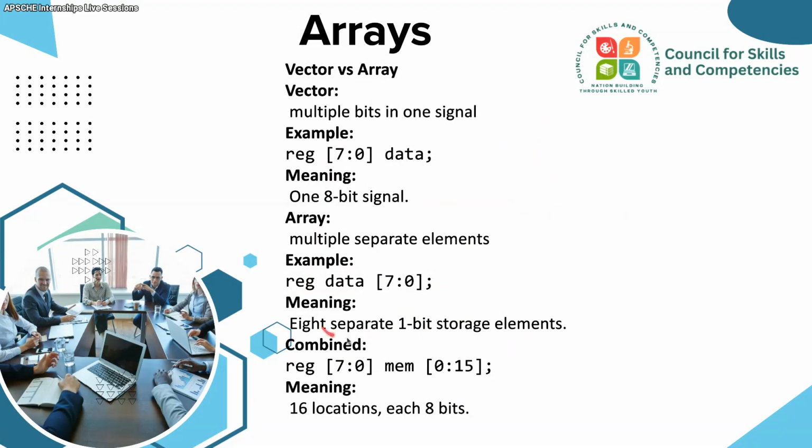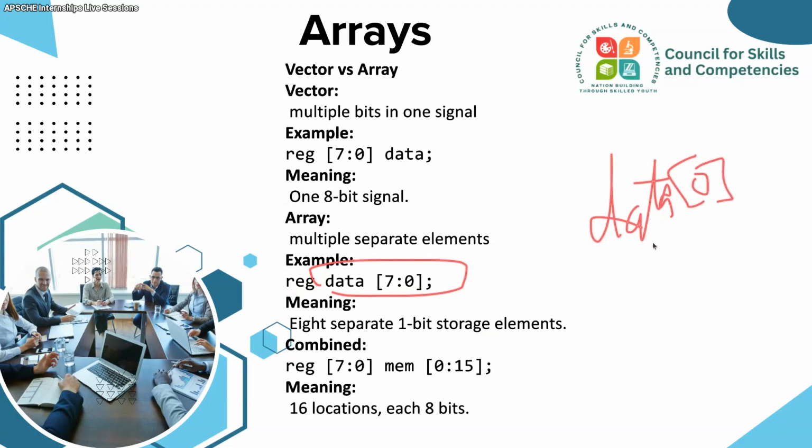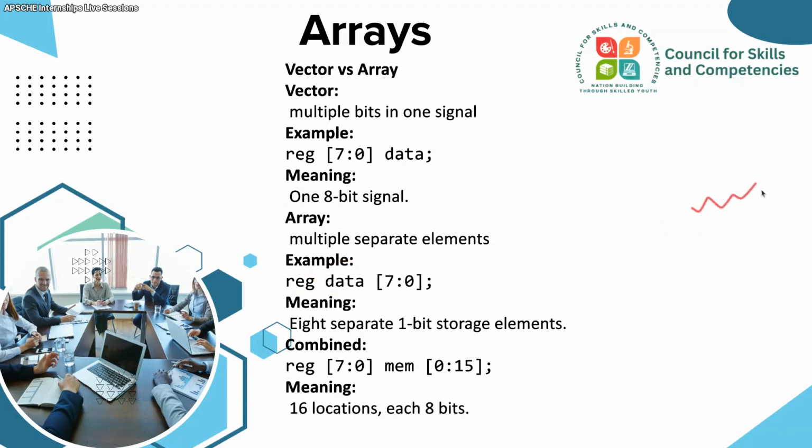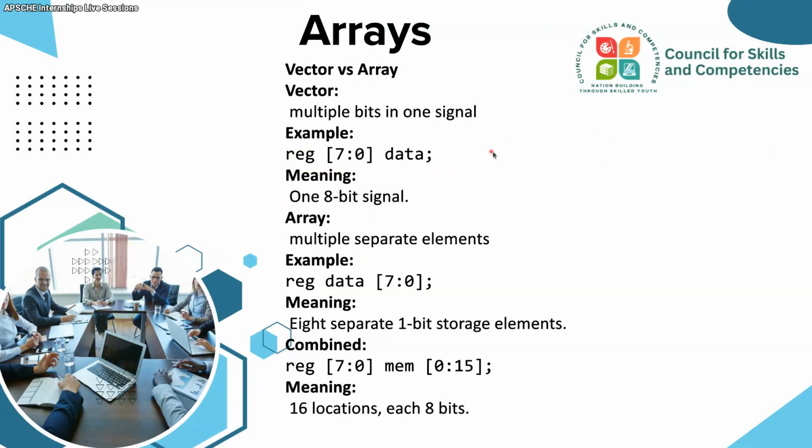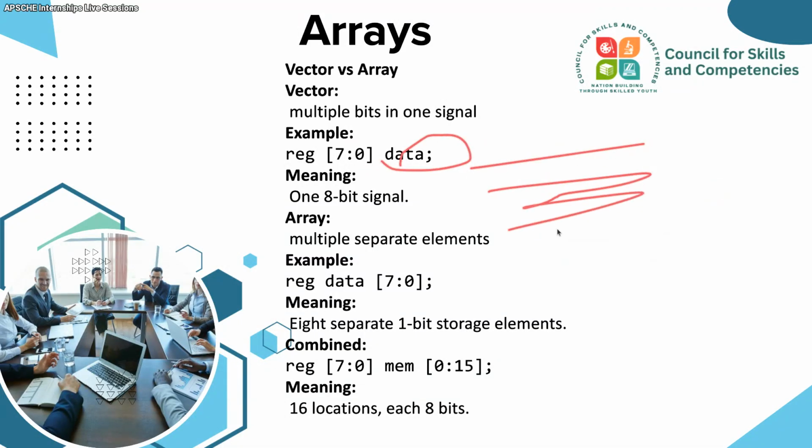Now here, data of 0 is one signal and it will have only 1 bit. But here, it is one signal having multiple bits.